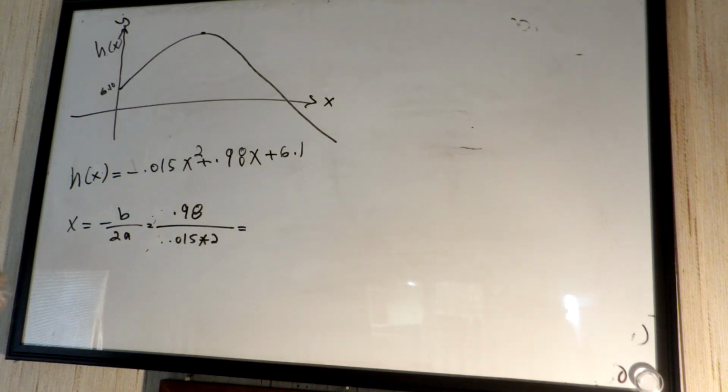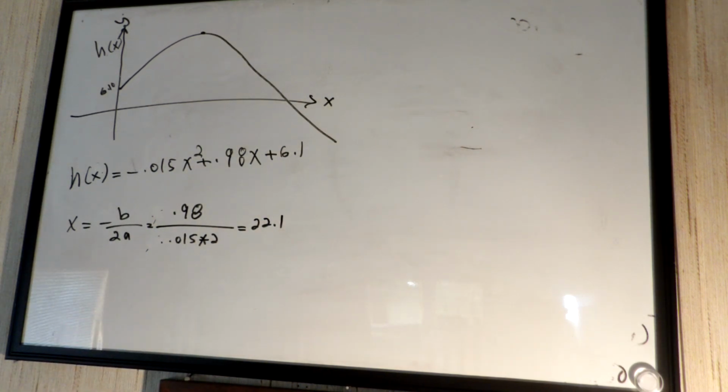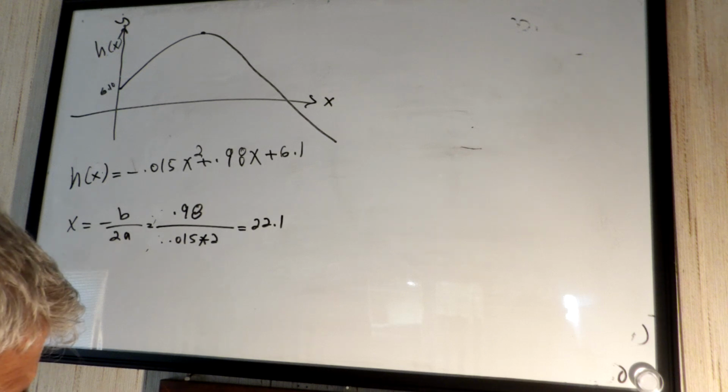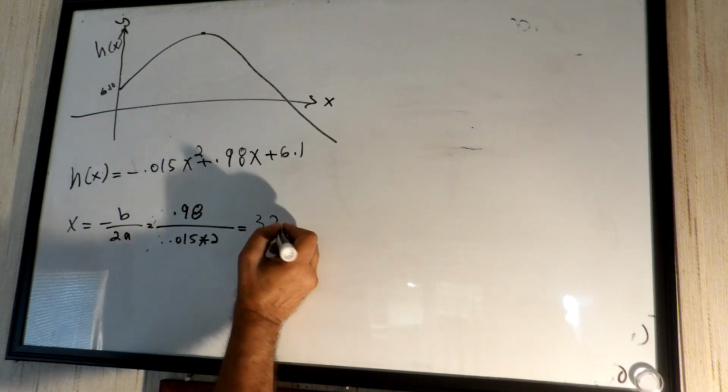If you put it in the calculator, 0.98 divided by (0.015 times 2), close parentheses, is 32.67.